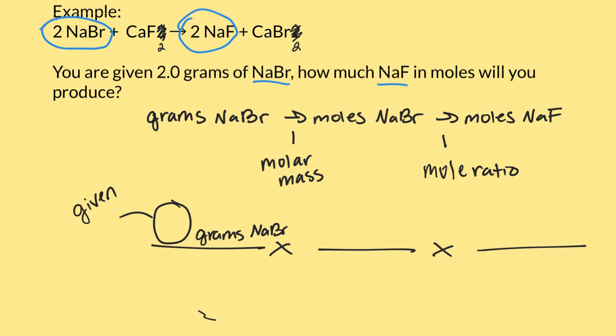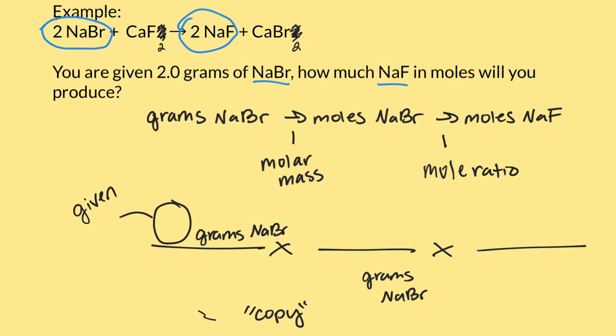Then what units should go down here? Grams, yeah. On the bottom, you need to be just copying whatever's on top. So you write grams of NaBr.